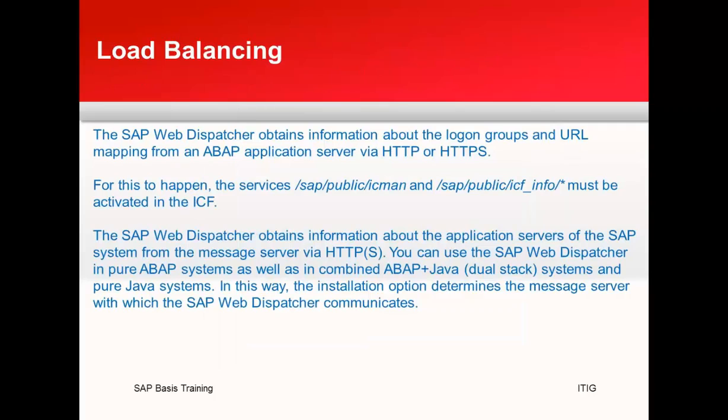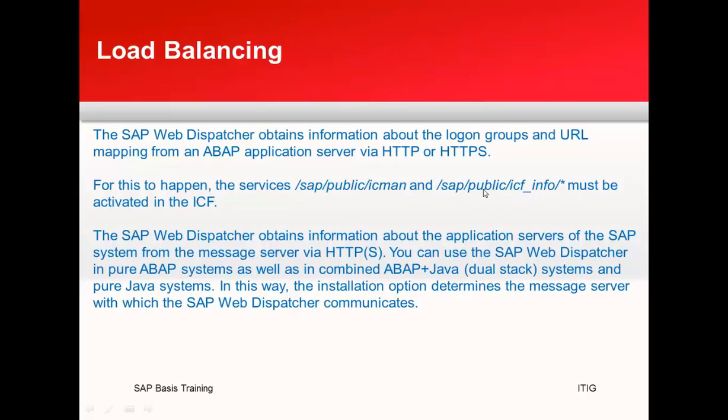Okay, now let's look at how the load balancing is performed. For load balancing, there are two ICF services which should be active. The first one is SAP public ICMan, and the second one is SAP public ICF underscore info.